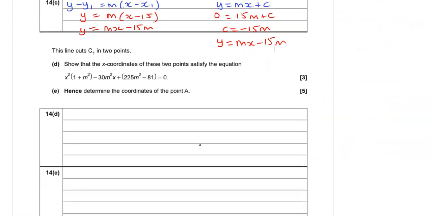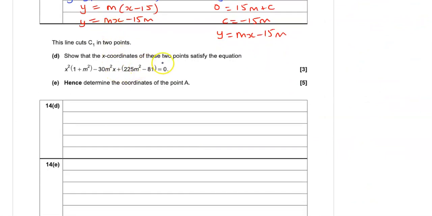Now, it says here, show that the x-coordinates of these two points satisfy the equation given here. We know that our two equations are x² + y² = 81, and the other equation is y = mx − 15m. These two points are where these two equations are equal to each other.